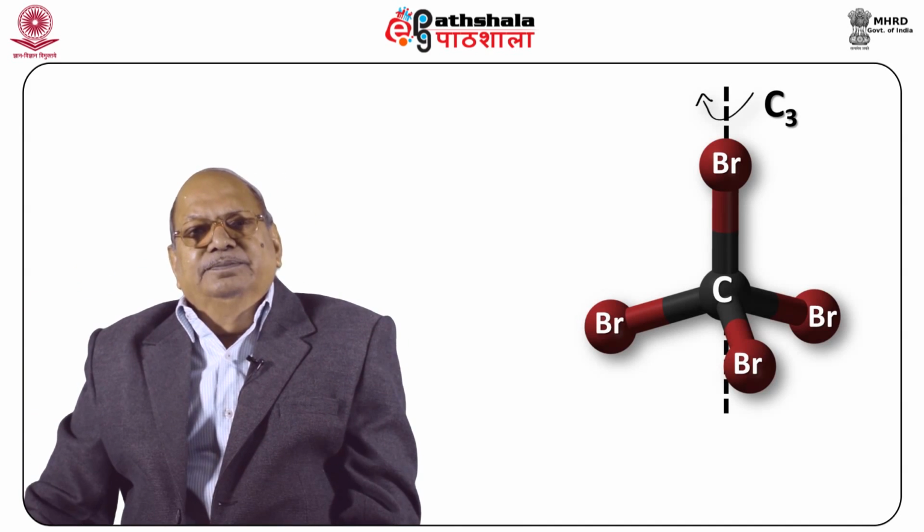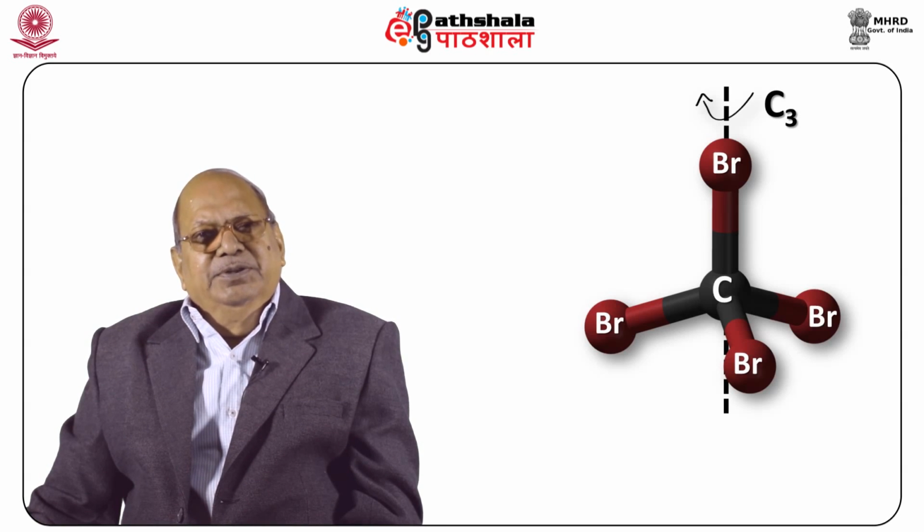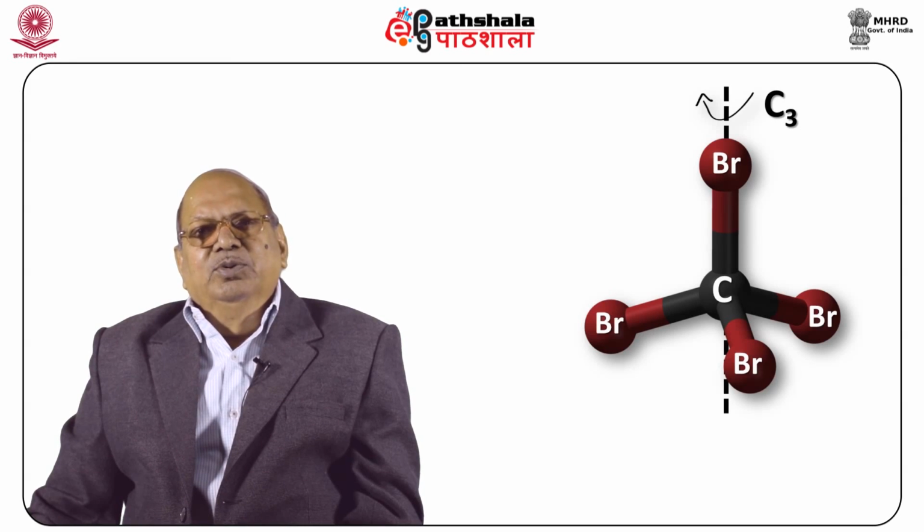Now further, there is a rule: if the bond vector is shifted, it does not contribute to the character of the reducible representation. If the bond vector is not shifted, it contributes +1 to the character. Thirdly, if the bond vector is not shifted but only its direction is changed, then it contributes -1 to the overall character.